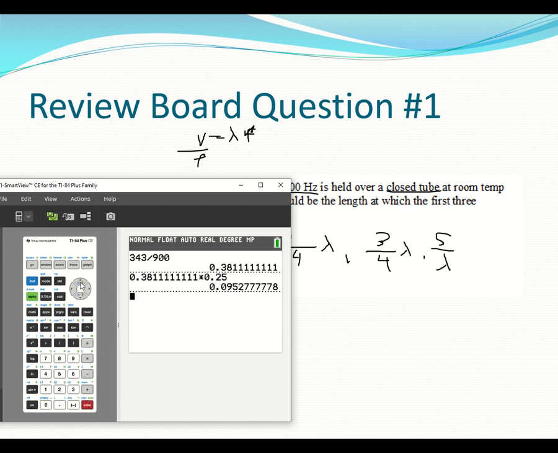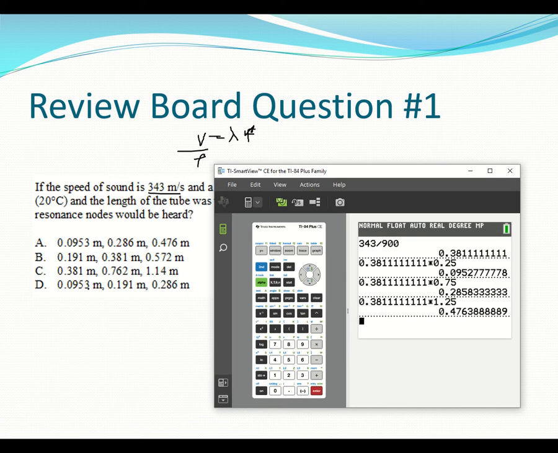That's my first length. Then multiply it by 3/4. That's my second one, and my third one is going to be 1.25, and those will be my three lengths.